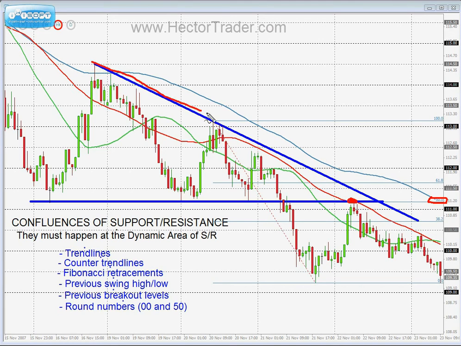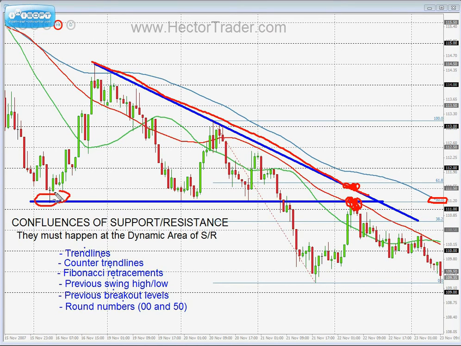The trend line, well, not quite there. It's actually about 30-40 pips above there. Markets are not perfect, but in any case, this is not that close. So, we cannot really count the trend line within this confluence. It's a little bit too far away, in my opinion.